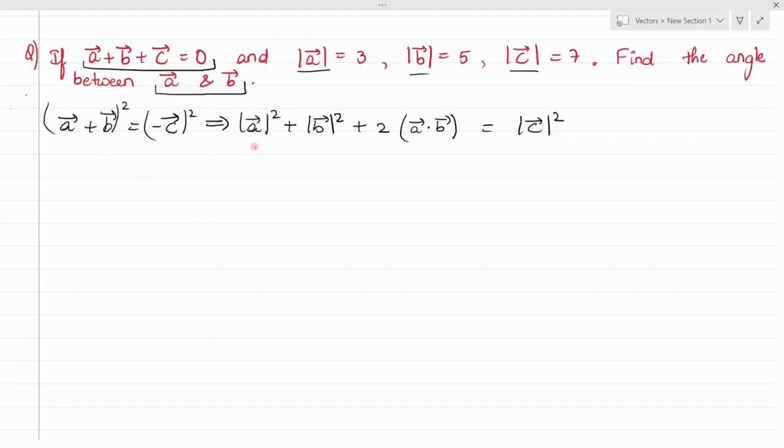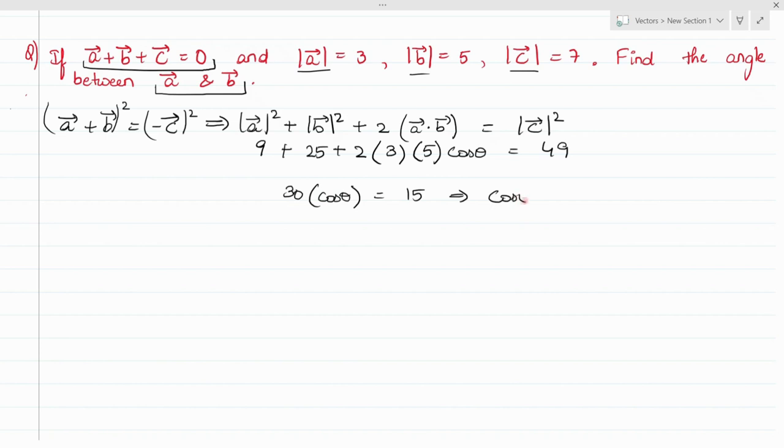Now, substitute the values. We get 3 squared, 9, B squared, 25, 2 times A dot B is nothing but magnitude of A, that is 3, magnitude of B, that is 5, into cos theta, and magnitude of C squared is 49. Now, 30 into cos theta is equal to 15.